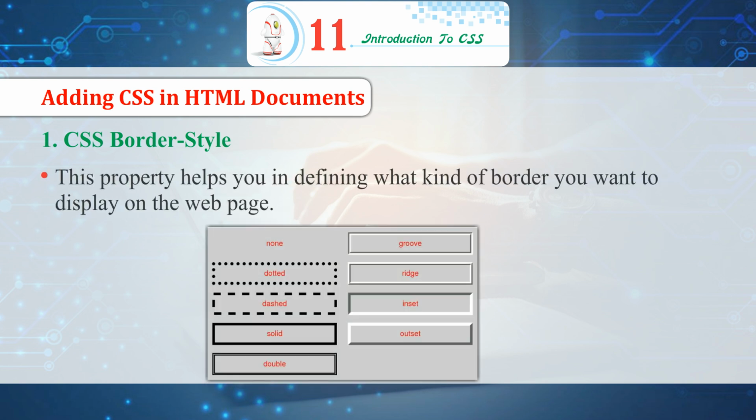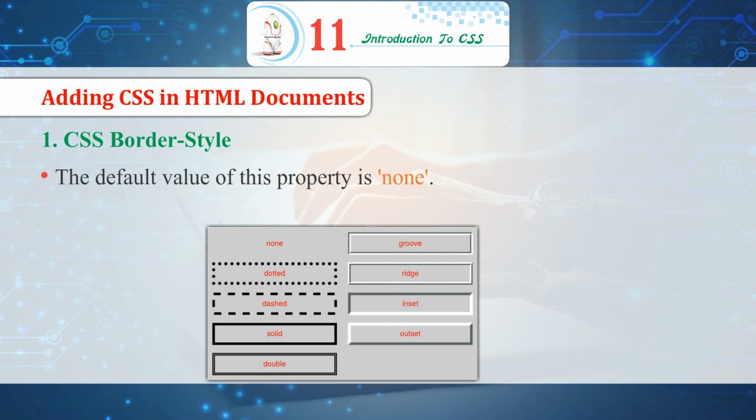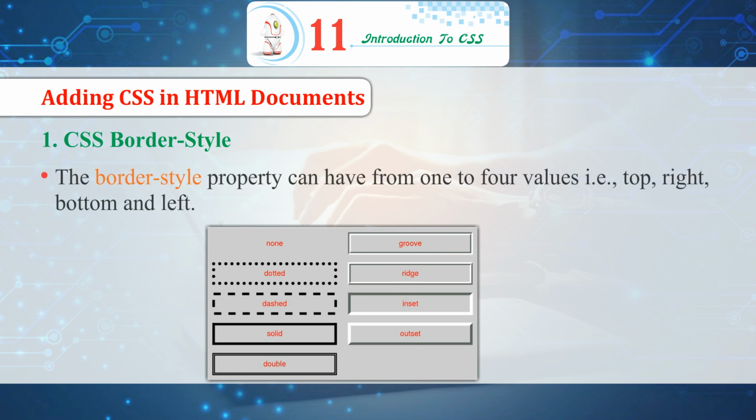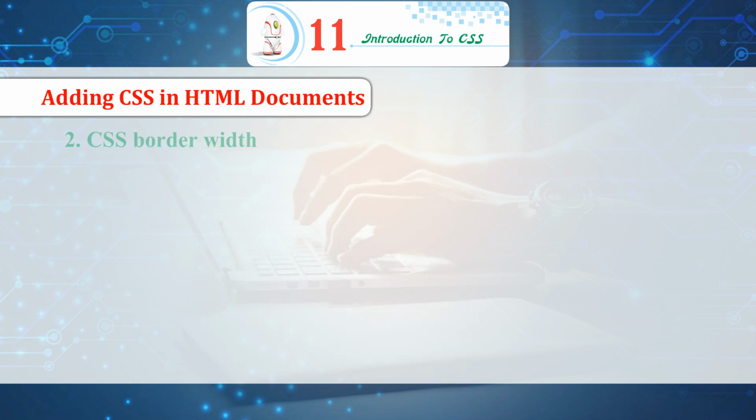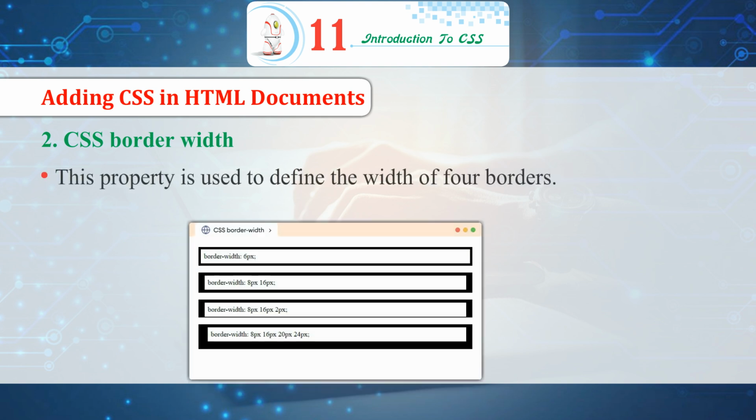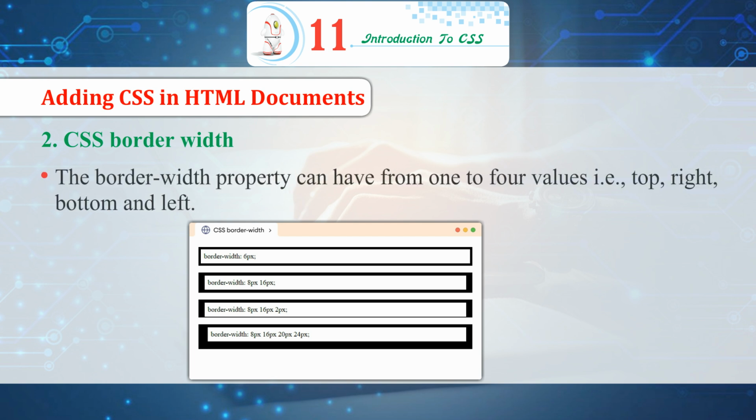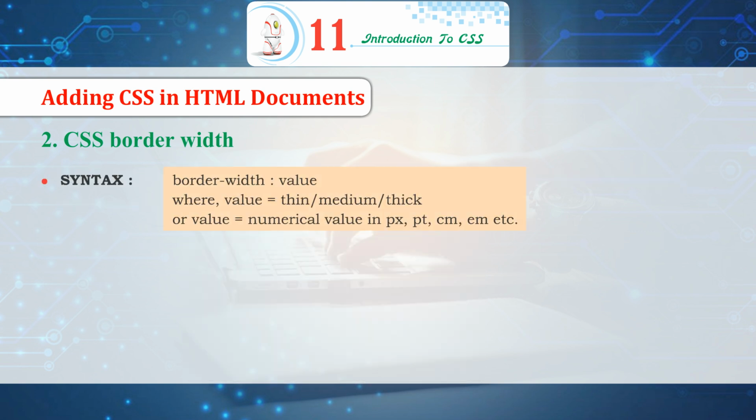This property helps you in defining what kind of border you want to display on the web page. The default value of this property is none. The border style property can have from 1 to 4 values, that is top, right, bottom and left. 2. CSS border width. This property is used to define the width of the 4 borders. The border width property can have from 1 to 4 values, that is top, right, bottom and left.